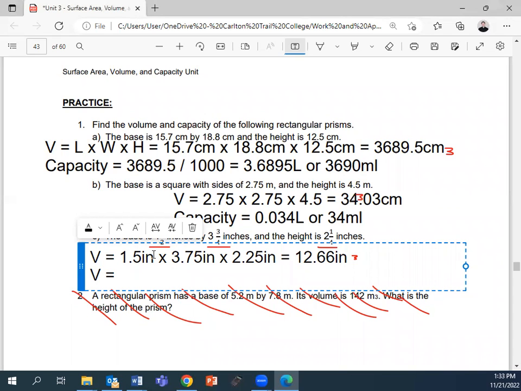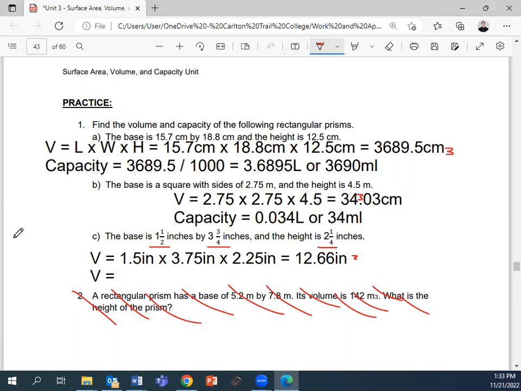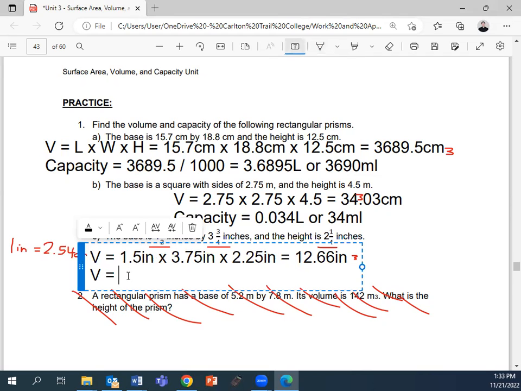I need to go to the very start of it. One thing that's nice to know is 1 inch equals 2.54 centimeters. So all I'm doing is taking these numbers and timesing them by 2.54.